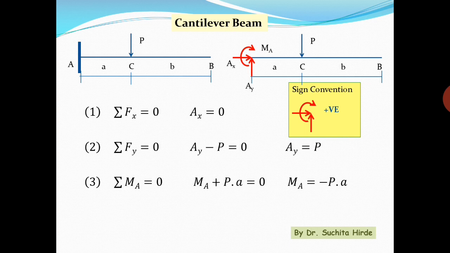So we get MA plus P into A is equal to 0 or MA is equal to minus PA. So using this equation, now we can calculate Ax is equal to 0, Ay is equal to P, and MA is equal to minus P into A.